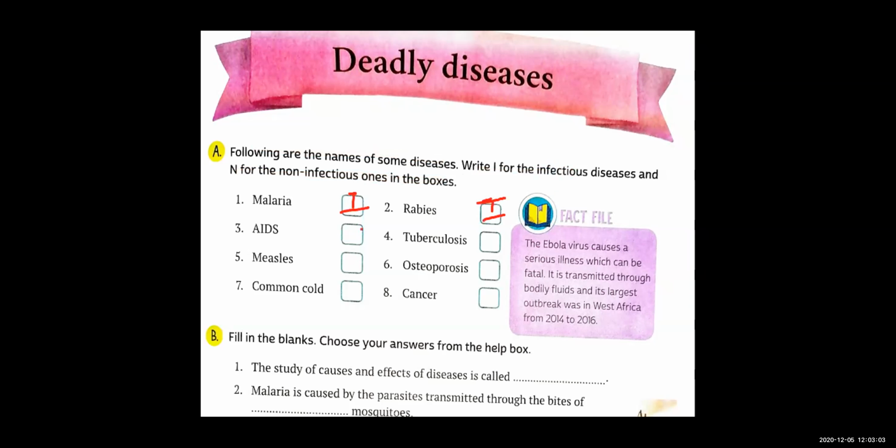I. AIDS is an infectious disease. I. TB is an infectious disease. I. Measles is an infectious disease. I. Common cold is an infectious disease. I. The non-infectious diseases are osteoporosis and cancer. These are the two diseases which are non-infectious. Right?